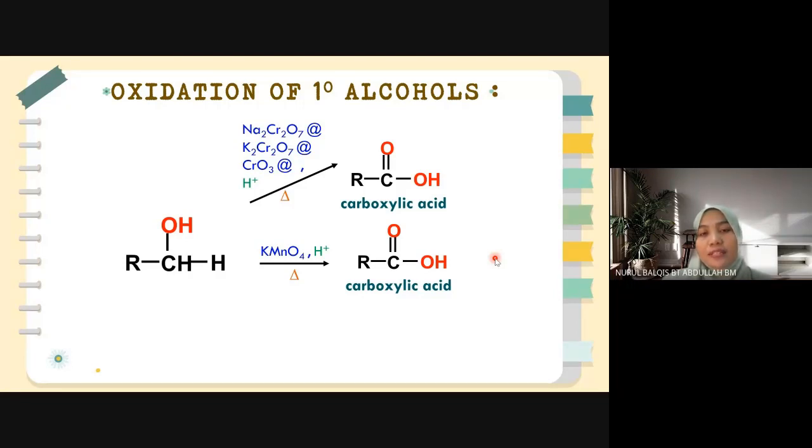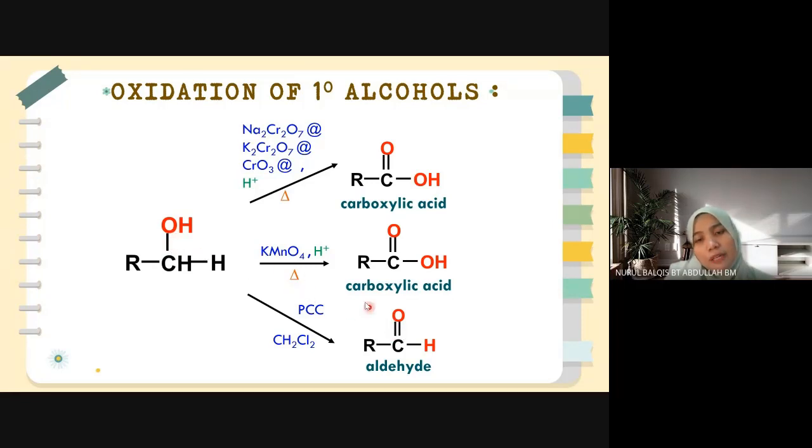PCC in CH2Cl2 is a mild oxidizing agent. So, kita tak boleh expect dia dapat carboxylic acid. Okay, kita kena expect dia dapat only aldehyde. Okay, only aldehyde. Maksudnya, maybe dia buat eliminations dekat sini supaya dapat double bond. Kan? So, setakat tu je dia, tak boleh sampai habis, sampai tukarkan semua. Sebab kita still ada the H ni, dia masih reaktif. So sepatutnya dia boleh masuk lagi.